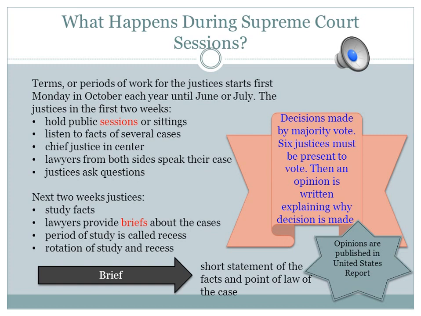So decisions made by a majority vote determine whether a case is going to be changed or not, whether the verdict is going to stand or not. So 6 justices must be present to vote, at least 6 of them. So sometimes the justices don't show up.